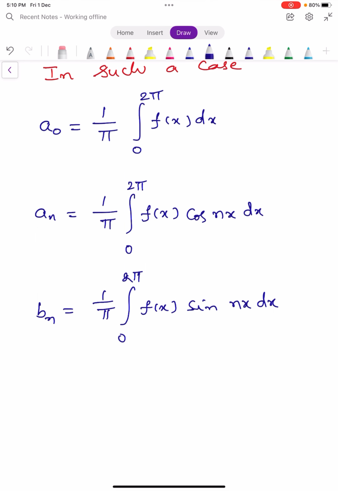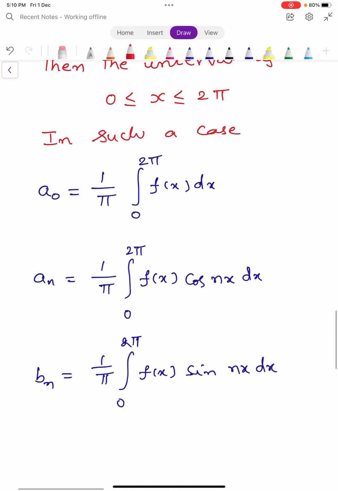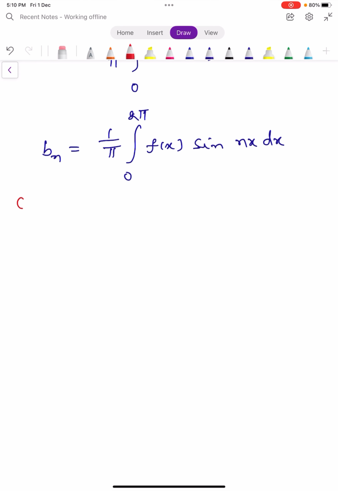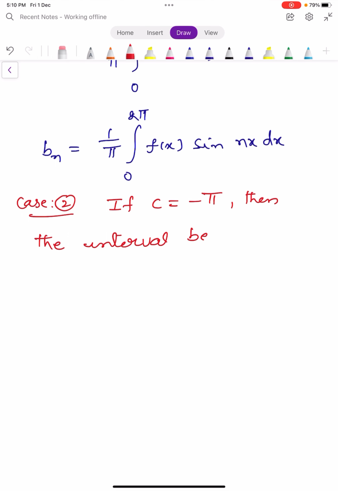We observe one more case, case 2. If c is equal to minus pi, then the interval becomes the closed interval minus pi to pi, that is minus pi less than or equal to x less than or equal to pi.